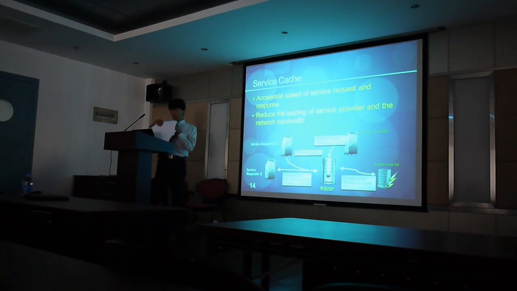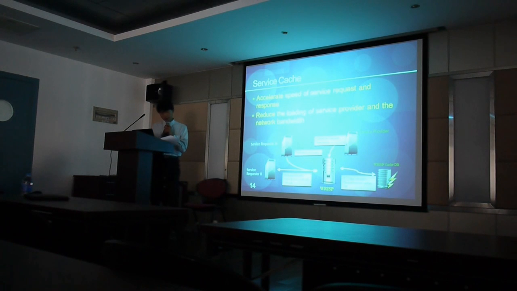And in order to reduce the loading of the service provider and the network bandwidth, the platform has a service cache. At the beginning, service request A requests a service through this platform, and the receiver gets the data from the service provider and responds to service request A. In the meanwhile, the response data is copied to the cache database.